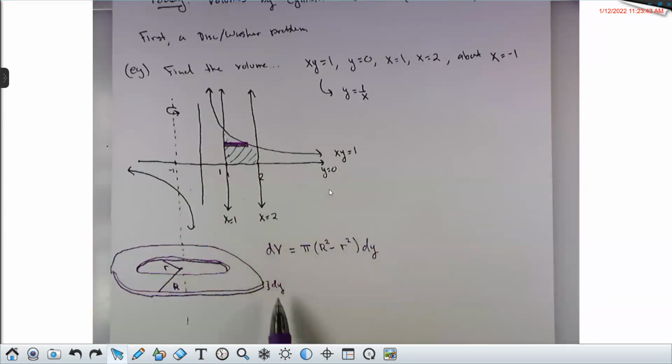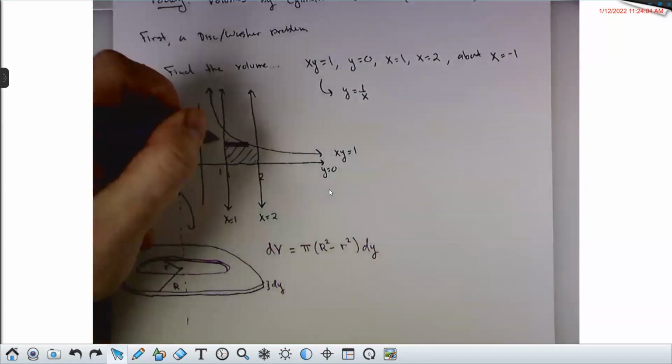Since this thickness is a dy thickness, I know that I need both big R and little r as functions of y. Right, my integral is going to be a dy integral, which means I cannot have any x's in there. It has to all be y stuff. The inner radius is easy to find, I should say.